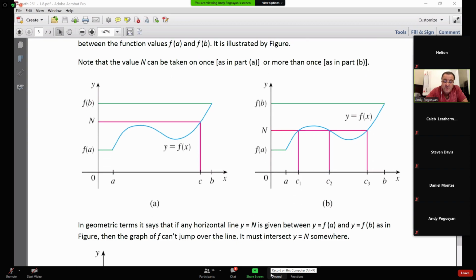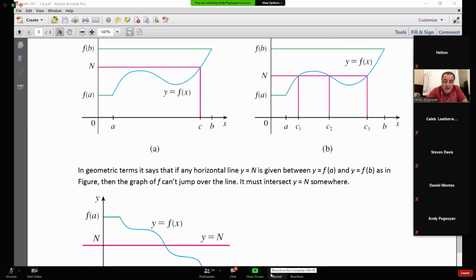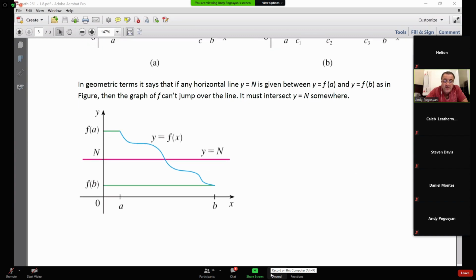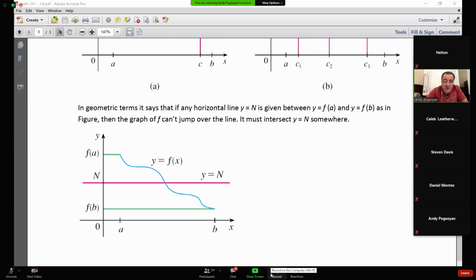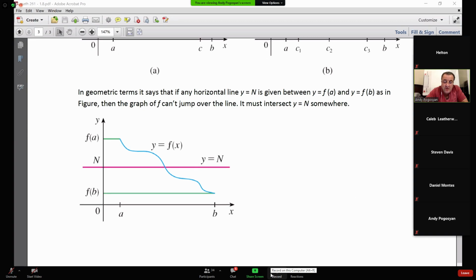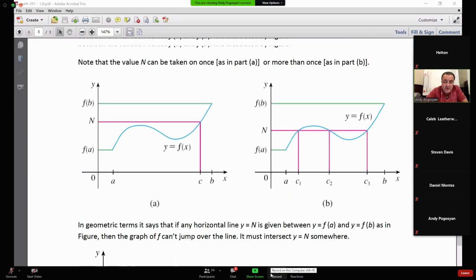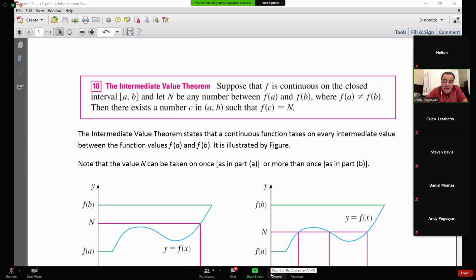Taken once or more than once, any way you graph it. This idea we will use to prove that certain equations have solutions on some closed intervals. So if n is between f of a and f of b, there is a c such that f of c equals n.